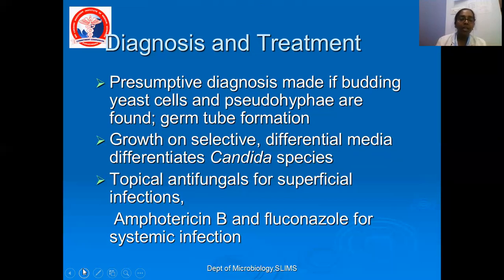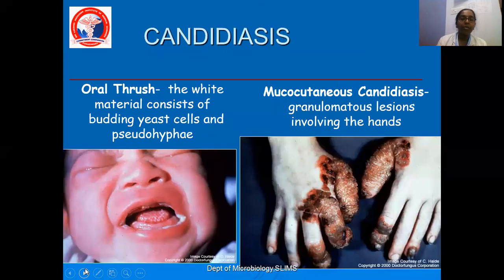Suppose it is in the vaginal area, we can give a suppository or a topical antifungal cream, which will be more effective in that case. In severe cases, we can give an oral antifungal. These are pictures where you can see oral thrush, which is a white patch.